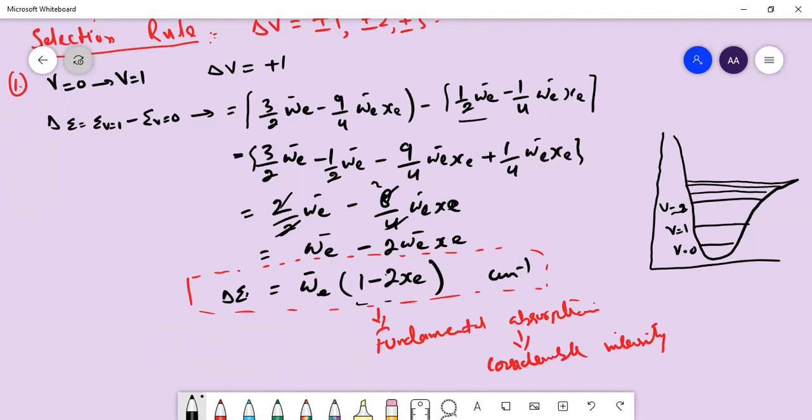So this is our fundamental absorption. Fundamental absorption means when we put the value of the vibrational quantum number as 1, the transition is taking place from V0 to V1, which is very similar to what we have for our simple harmonic oscillator.